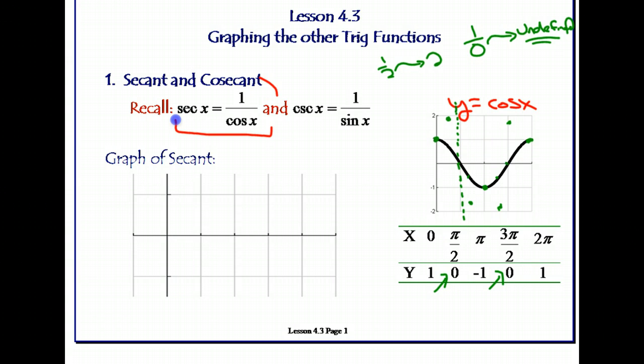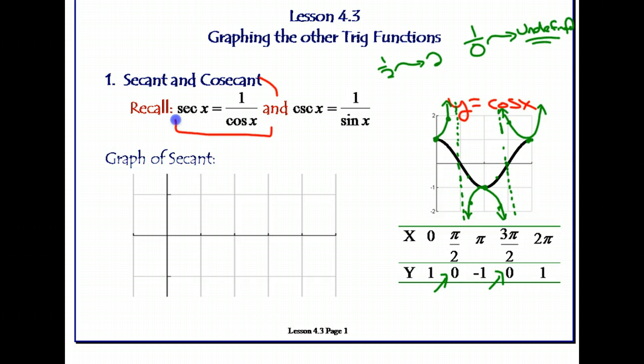Again, right here where the cosine is 0, you can't take the reciprocal of 0. You sketch in a vertical line, and you start to get a sense of what the graph of the secant is going to look like. Connect those dots. Connect these dots. And we get our sense of a secant graph.